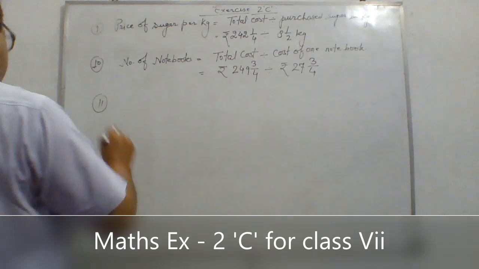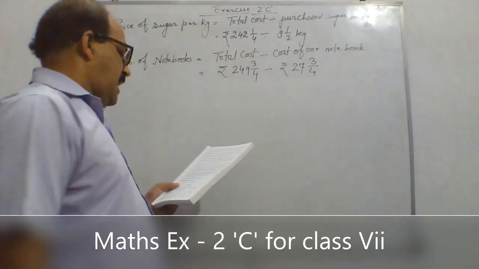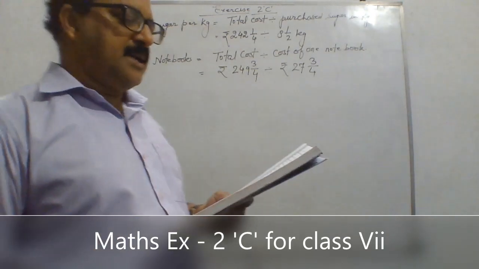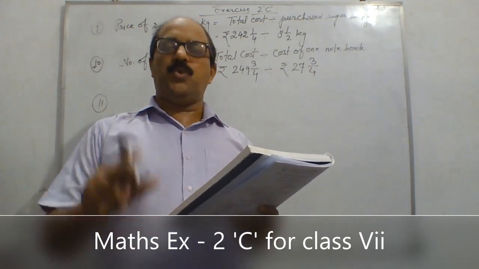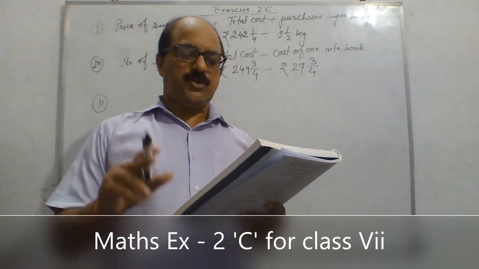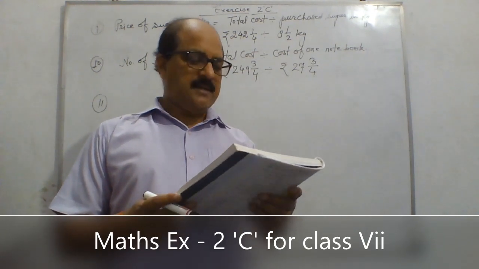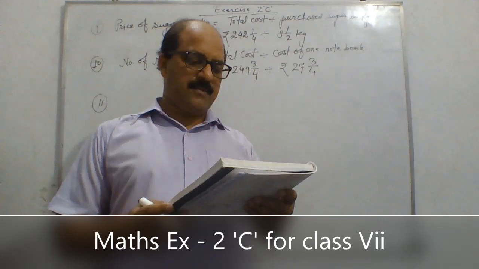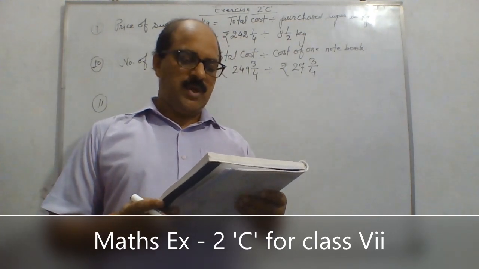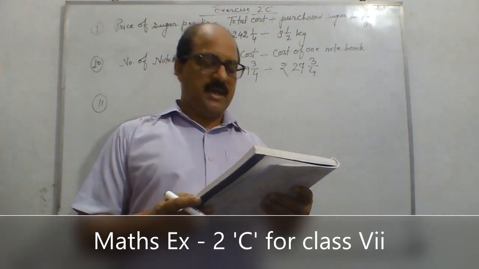And the last one, at a charity show, the price of each ticket was rupees 32 whole 1 by 2. The total amount collected by a boy was rupees 877 whole 1 by 2. How many tickets were sold by him?